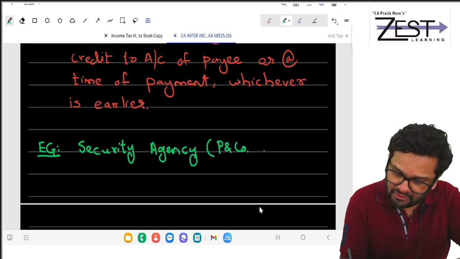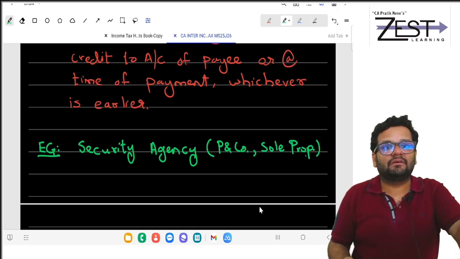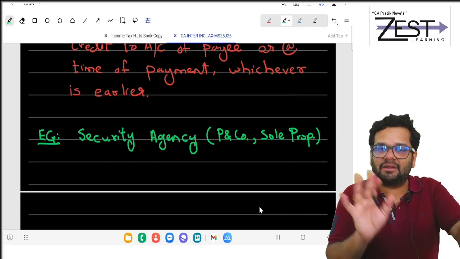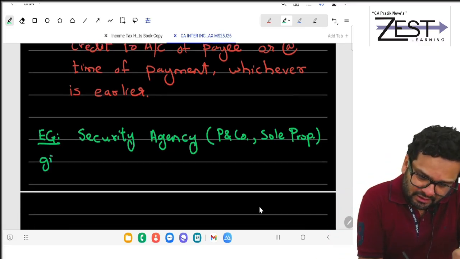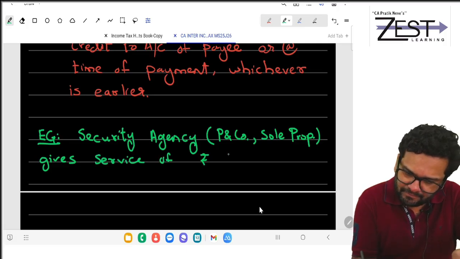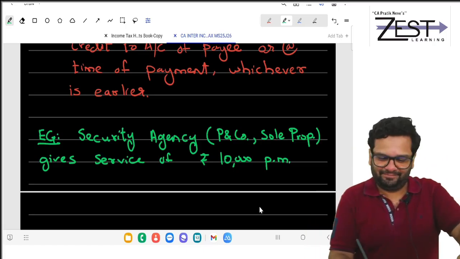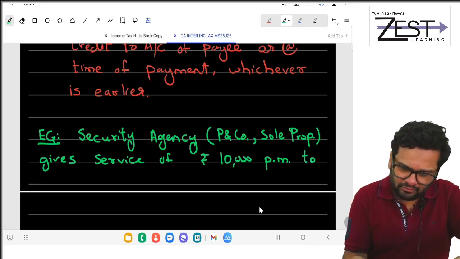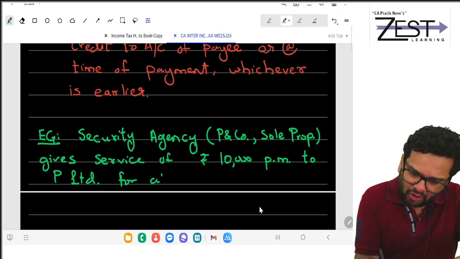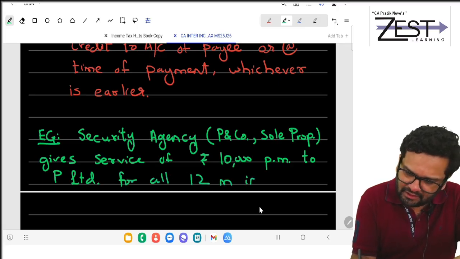P and company, a security agency, a sole proprietor, gives service of rupees 10,000 per month to P Limited, for all 12 months in a year.